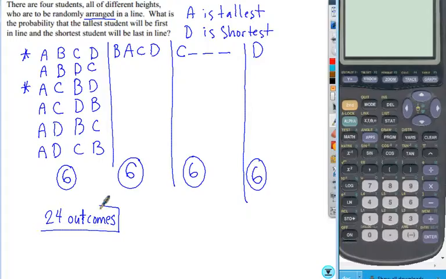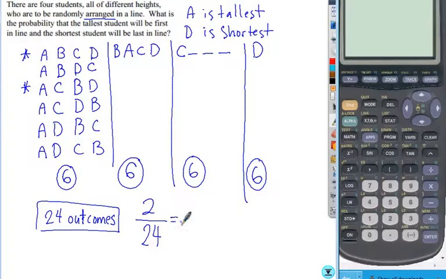So this is important because that becomes my denominator. Now I have to figure out how many of these arrangements have A first and D last. Since this is the only group with A first, and there are only 2 of them with D last, that means 2 out of the 24 satisfy the requirement of the problem.